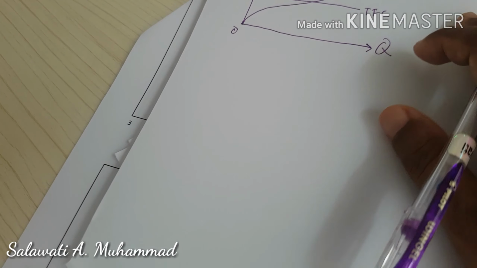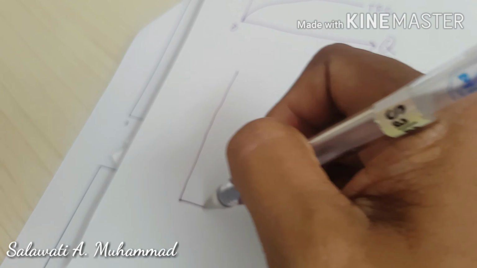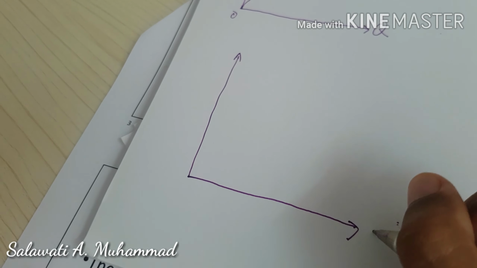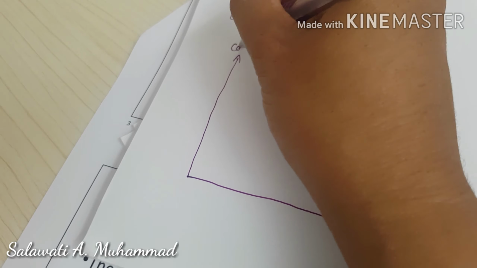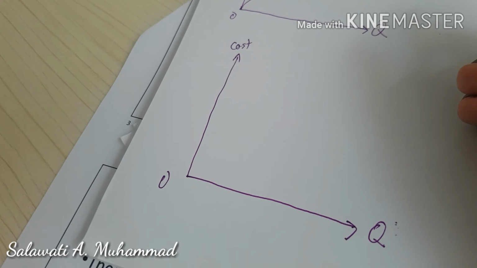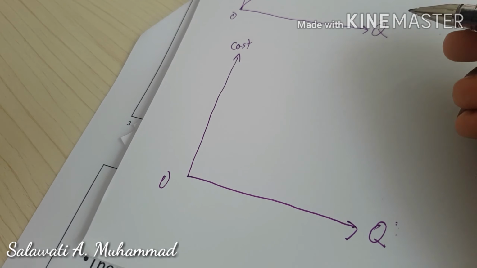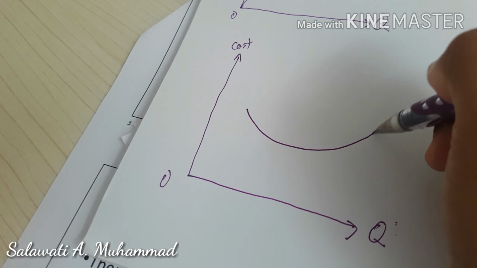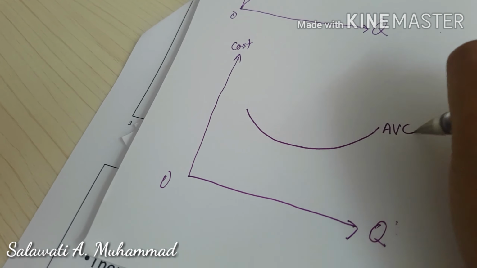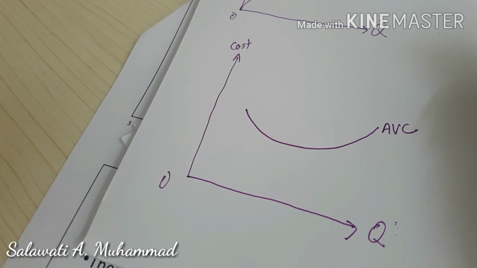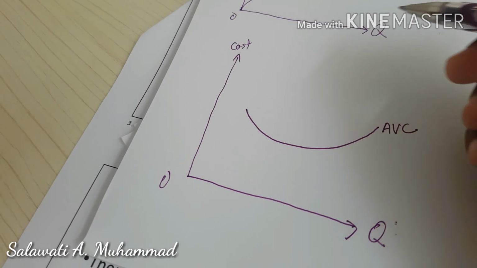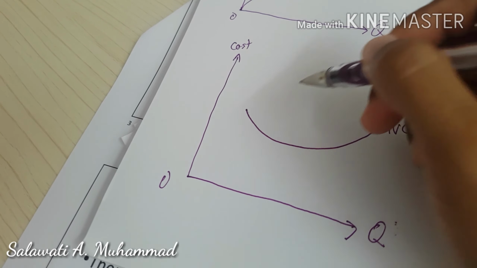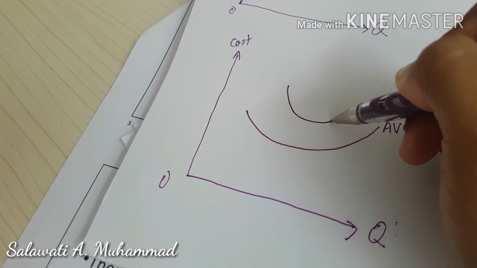Next, the second, we go to average and also marginal. This is quantity, this is cost, 0. Our average variable cost is like a U shape. This is average variable cost. Our average total cost is also like a U shape.